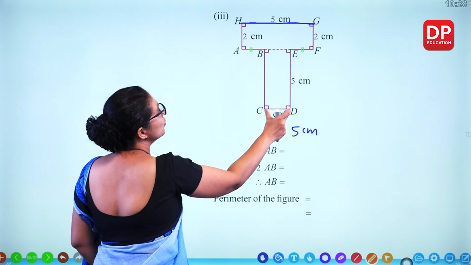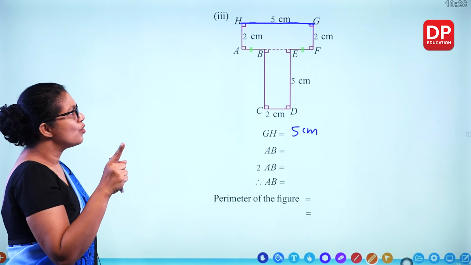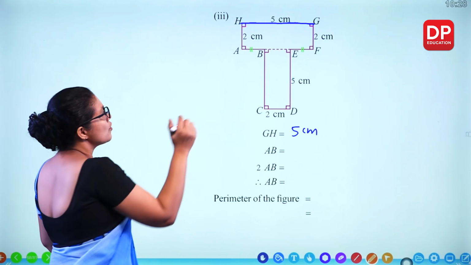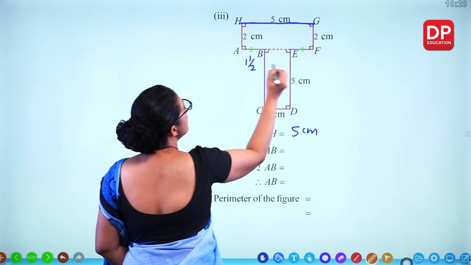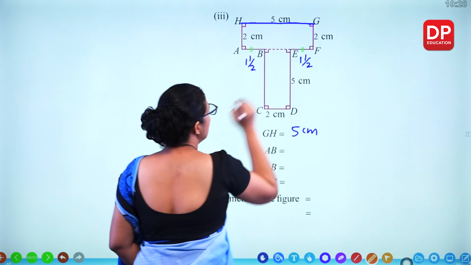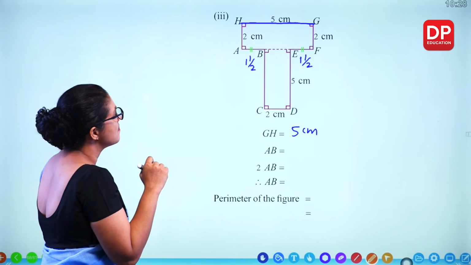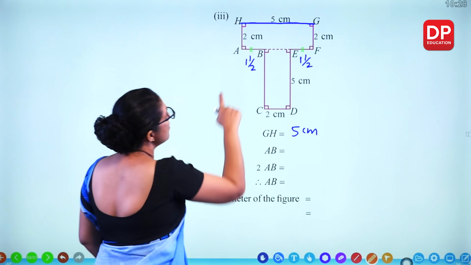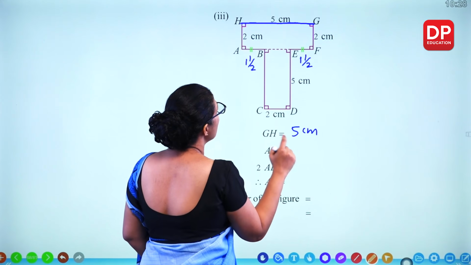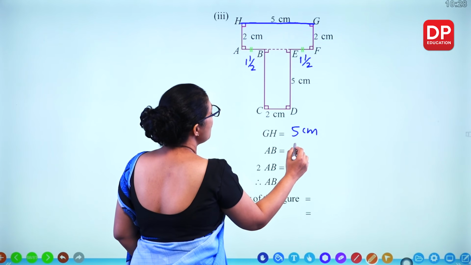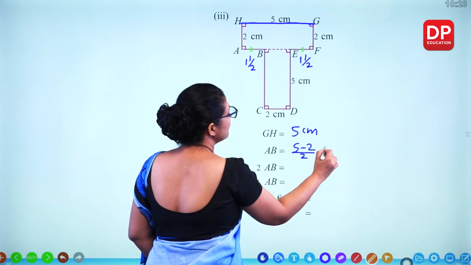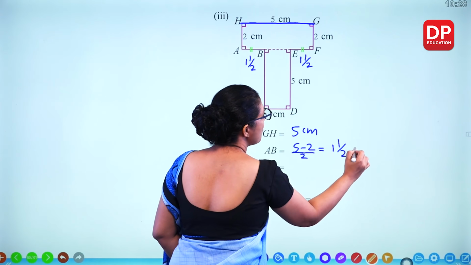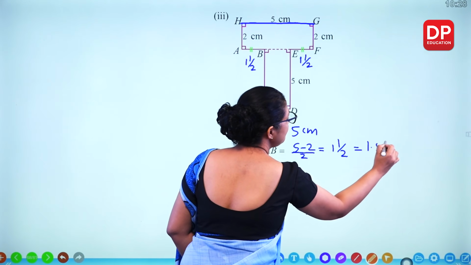This is 2. 5 minus 2, 3. So divided equally. So this is 1.5 and 1.5. So what's AB? 1.5. So we can find out 5 minus 2 divided by 2. So 1.5 we'll write.